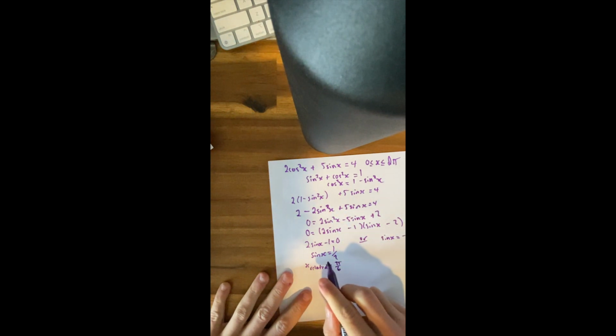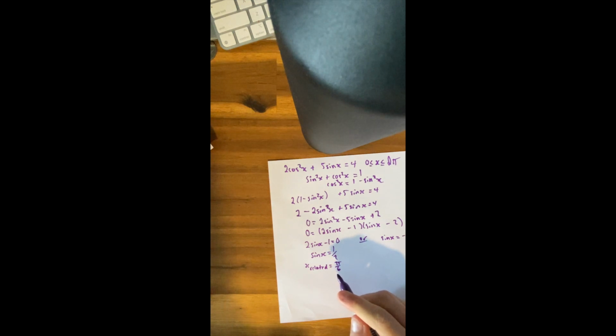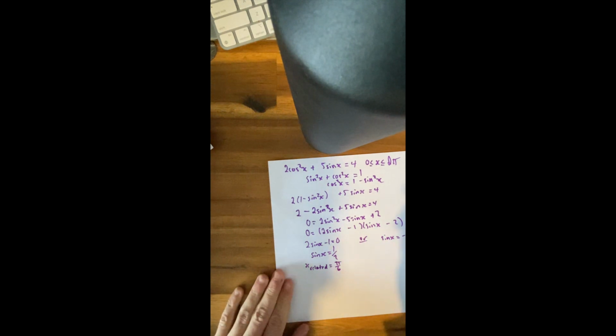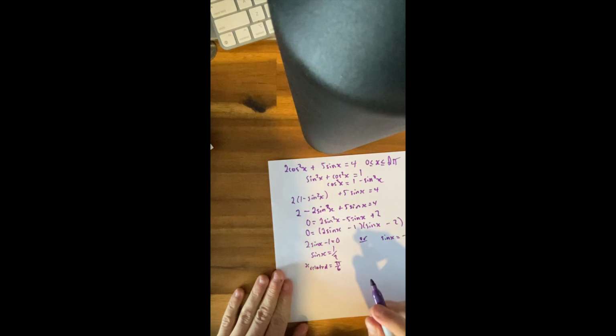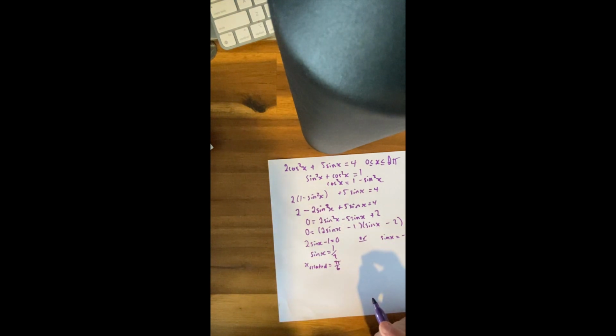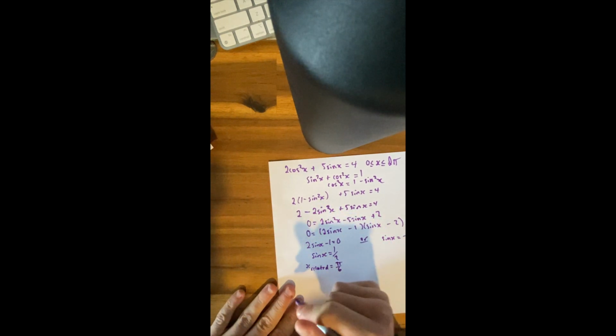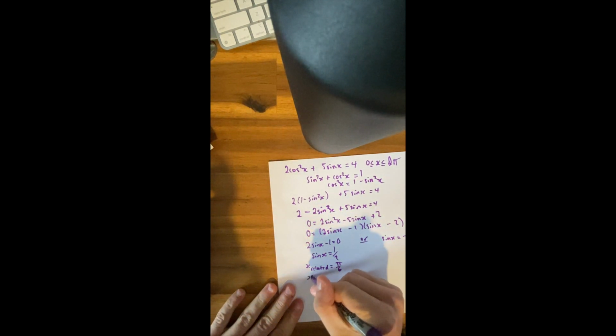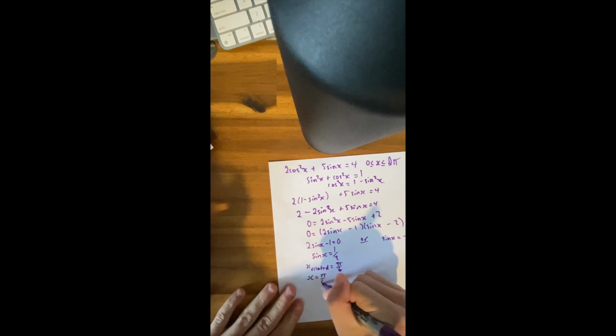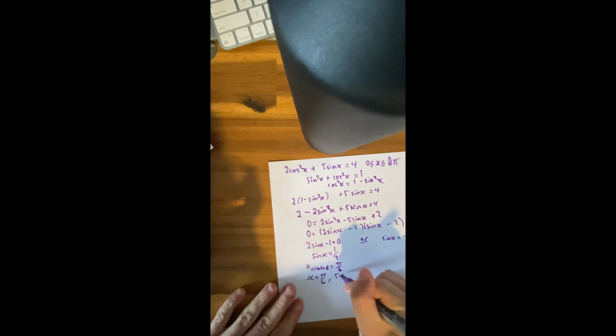And since it's positive, the angle is in the first or second quadrant. So therefore, x equals pi on 6 and 5 pi on 6.